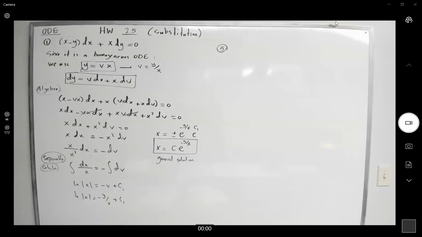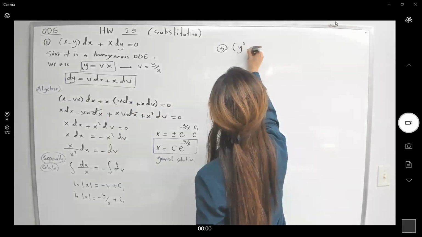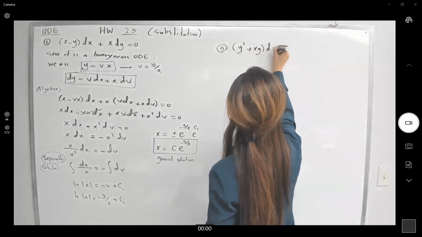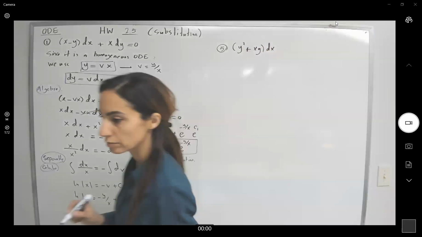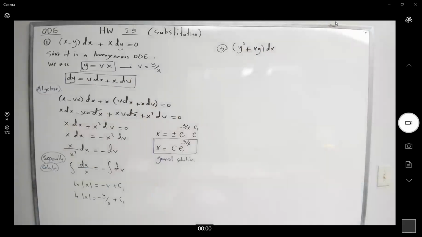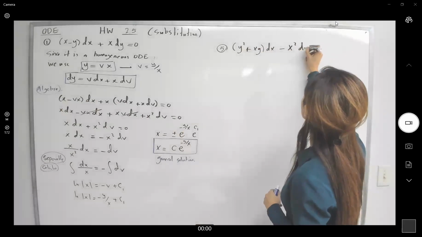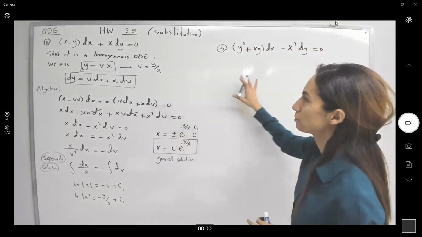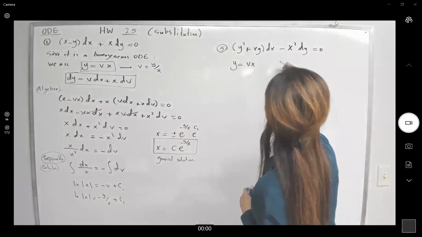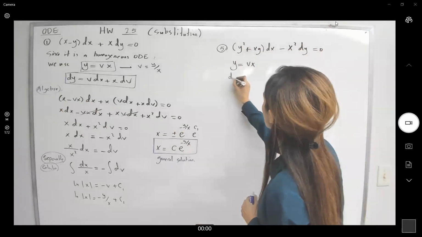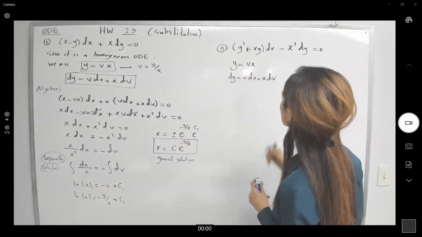For question 5, we have (y squared plus xy) dx minus x squared dy equal to 0. It's the same process. Let us use y equals v times x, and as you can see, dy becomes v dx plus x dv.